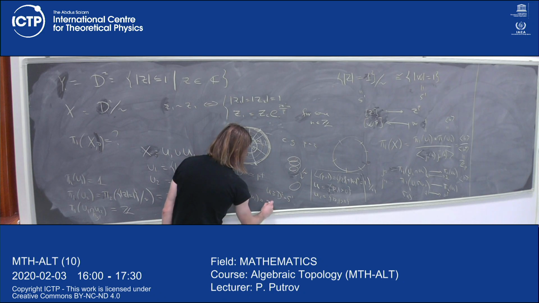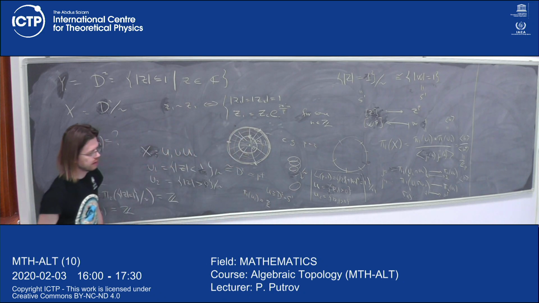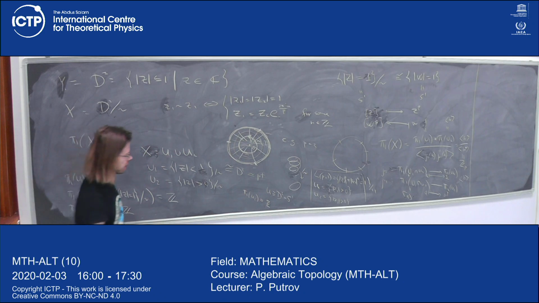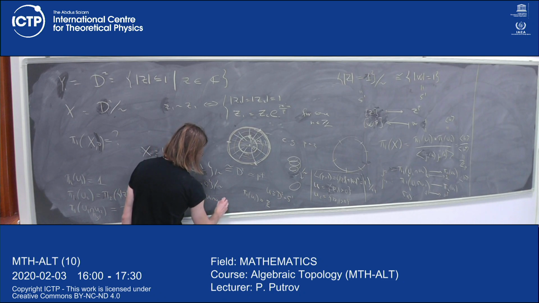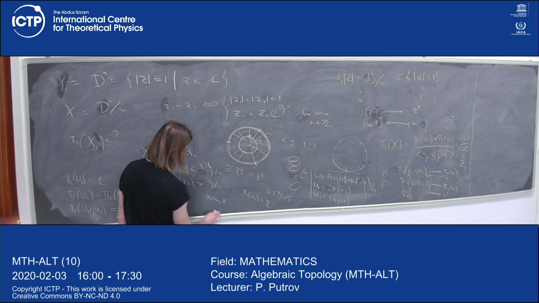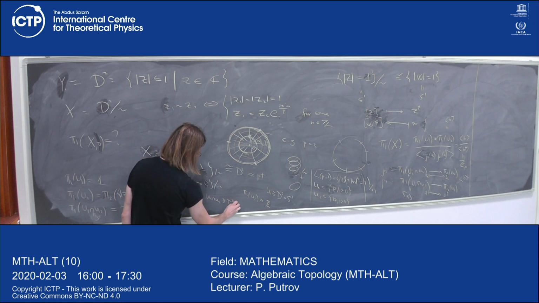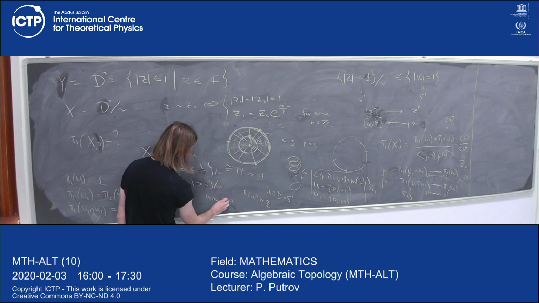And you can also show that the intersection is a torus. It will be of the form torus times an interval, but up to homotopy the intersection deformation retracts to a torus.